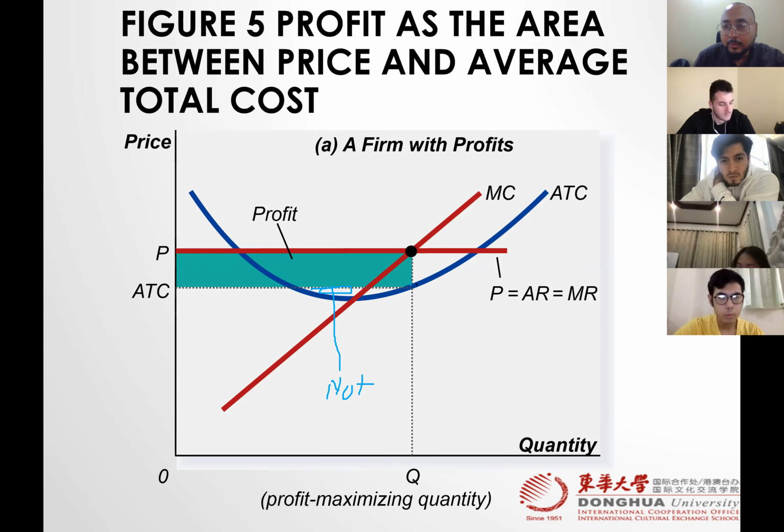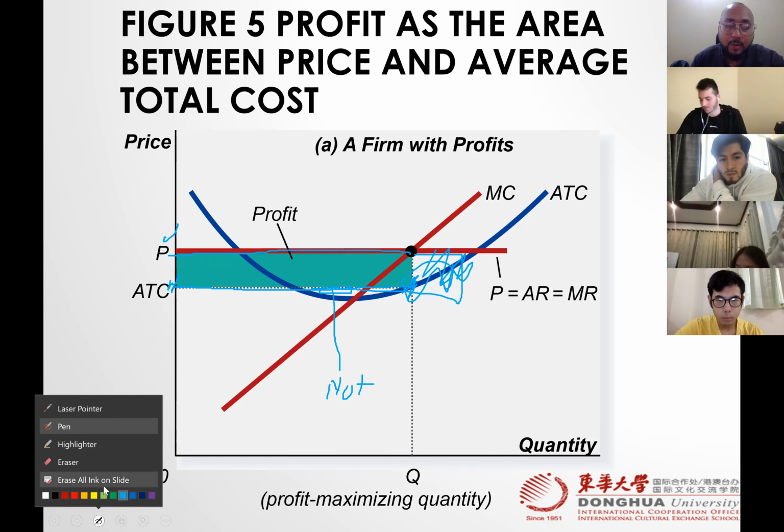Only a straight line to find out the value here, and a straight line to find out the value here for P. So this rectangular shape is the profit. Some students just do it with this, they also add this area as well. So this area is not profit, right?